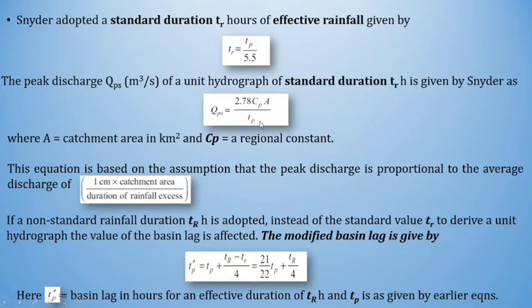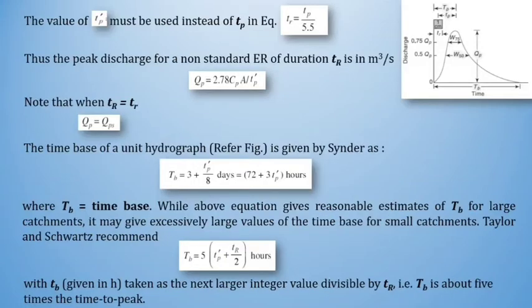So you will use the value of T dash P instead of Tp if there is a non-standard duration rainfall. So the peak discharge for a non-standard rainfall excess of duration T suffix capital R, in meter cube per second, is Qp is equal to 2.78 Cp into A upon T dash P. Rest of the terms will remain same. Just instead of Tp, here the value of T dash P will reflect.